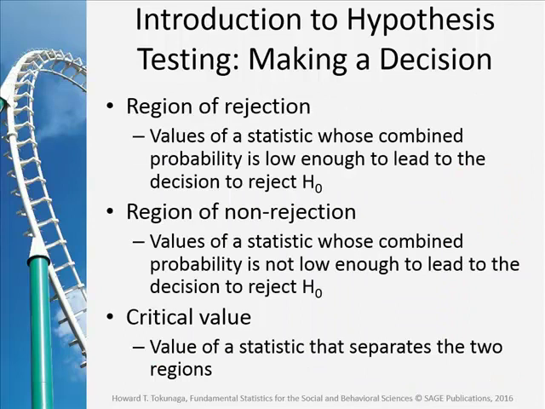So what do you have? Well, first, you got to find your critical value. Critical value of z is 1.96, plus or minus 1.96. And then when you go and calculate z, and it's outside of that region, you can reject the null hypothesis.